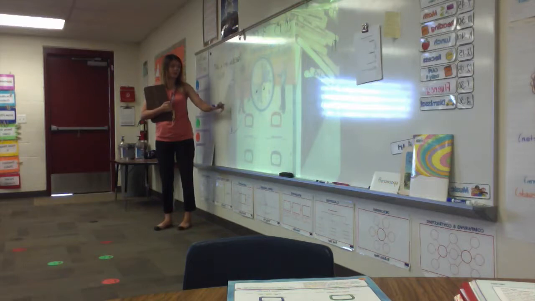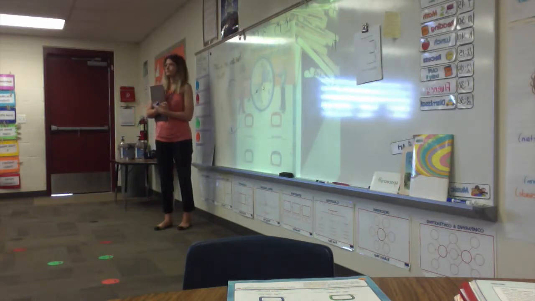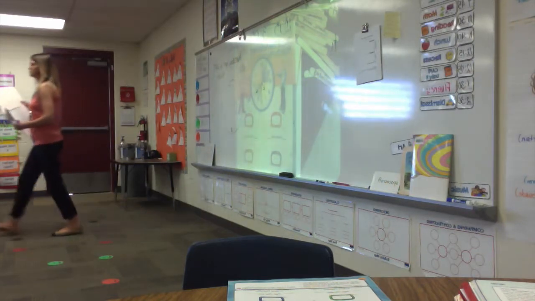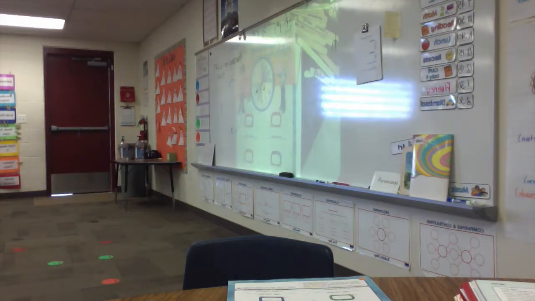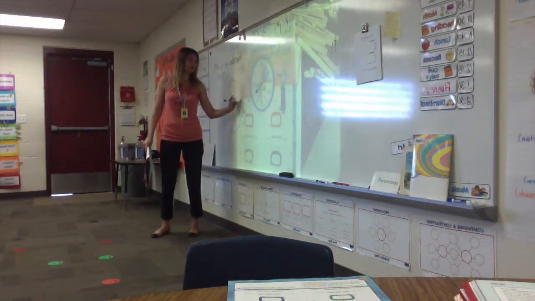Then go back up and put your pencil in the middle of your clock. Just keep it there. And then we're going to go to the right and put a 3. And then directly on the opposite side of the 3, we're going to put a 9.